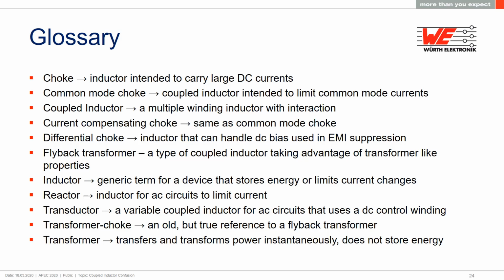Reactor is just a type of inductor used for AC circuits. Transductor, a variable coupled inductor for AC circuits that uses a DC control winding. Transformer choke is just an old but true reference to a flyback transformer. And transformer is a device that transforms power instantaneously without storing energy.